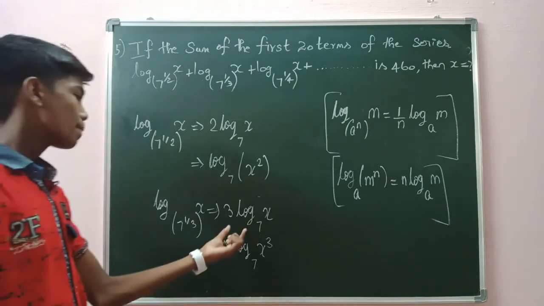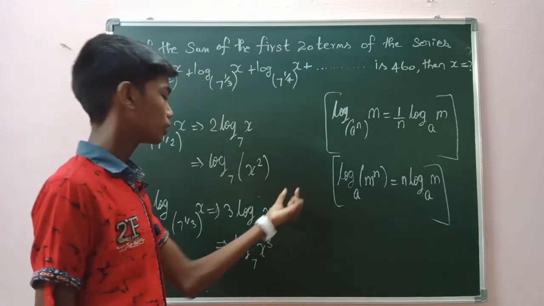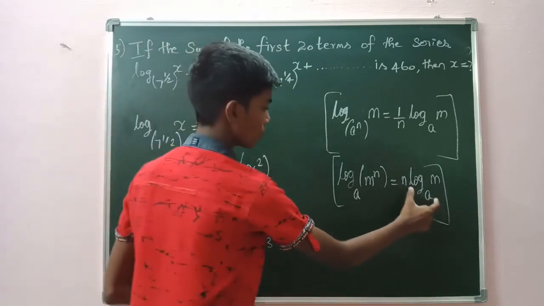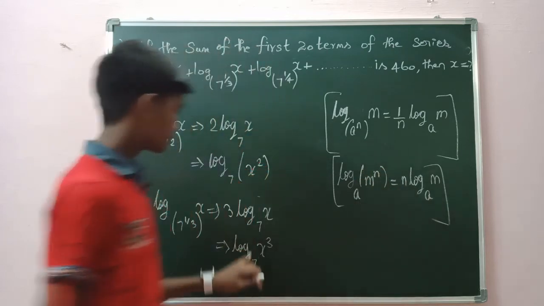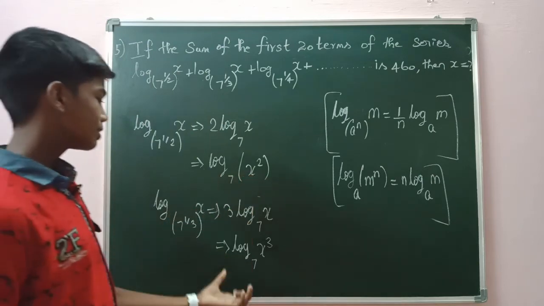So here I have 3 into log to the base 7 of x. Since I can take this 3 inside, I get x cube, using the log property m power n. So this is your first term, this is your second term.